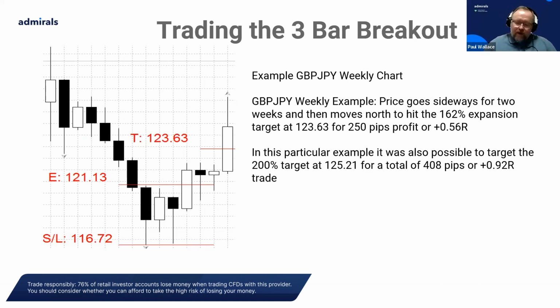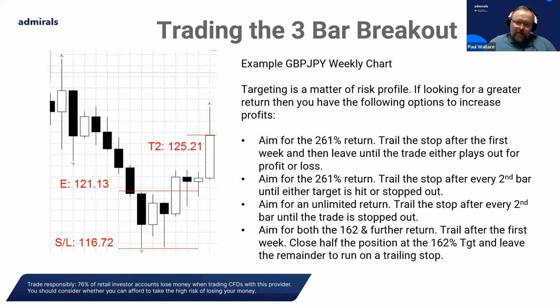So, as I was saying earlier, targeting is a matter of risk profile. If you're looking for greater returns, then you have the following options to increase your possible profits. First one, aim for the 261 return rather than the 162, and then you would trail the stop after the first week and then leave it until the trade either plays out for a profit or a loss.